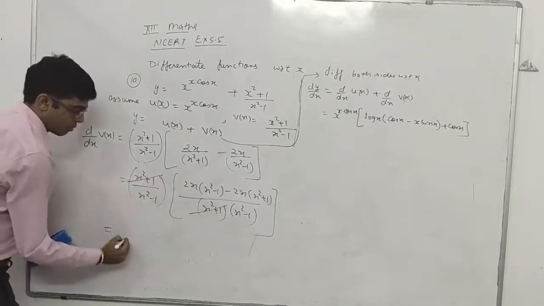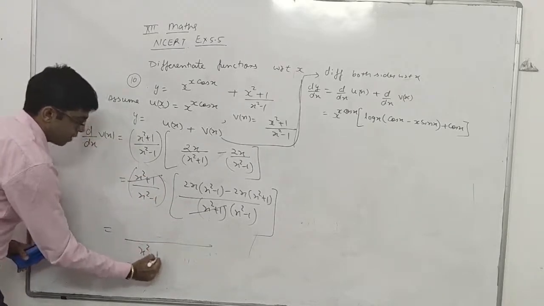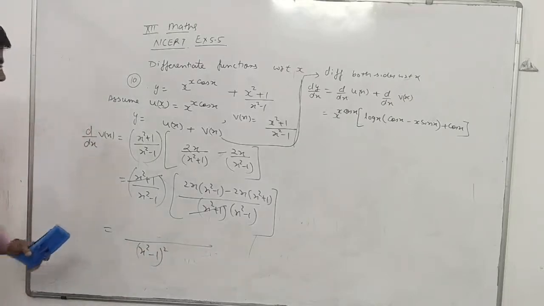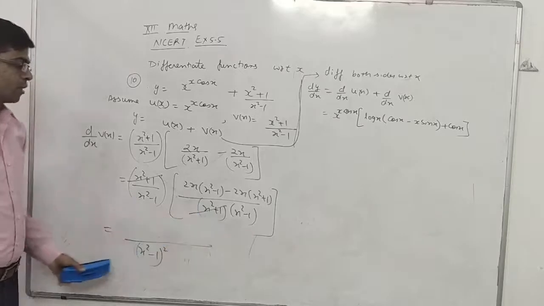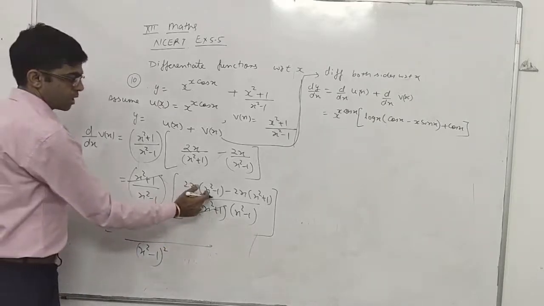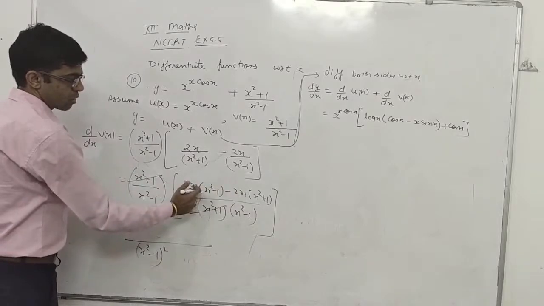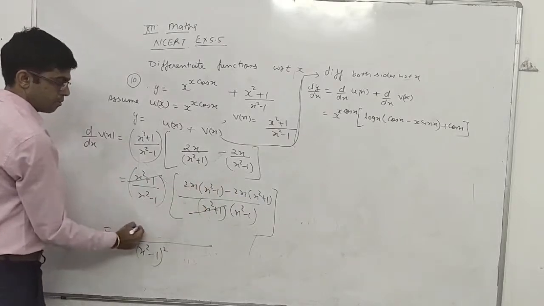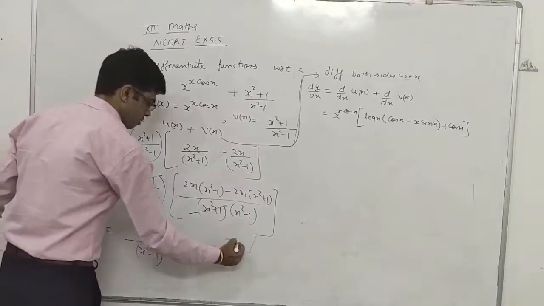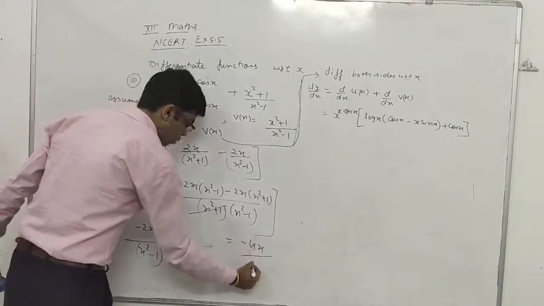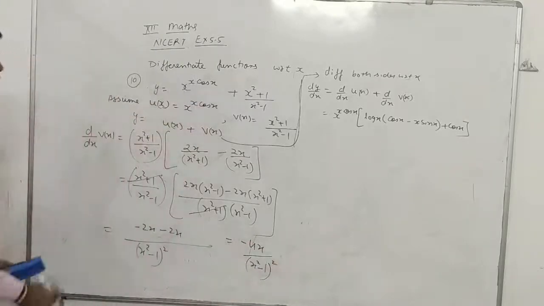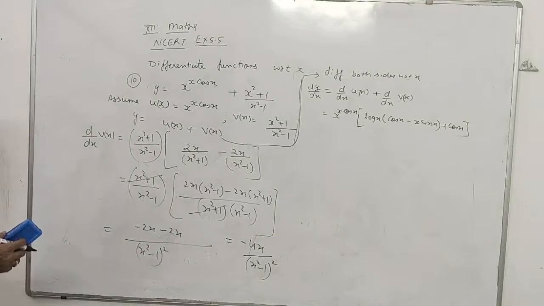(x square minus 1) whole square. Now this 2x cube and this 2x cube also cancel out. This is minus 2x, it becomes minus 4x upon (x square minus 1) whole square.